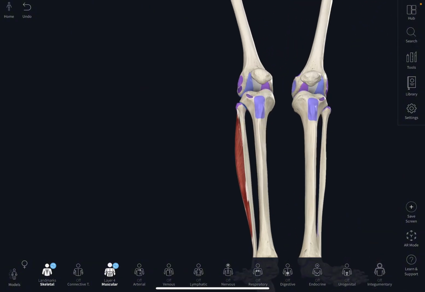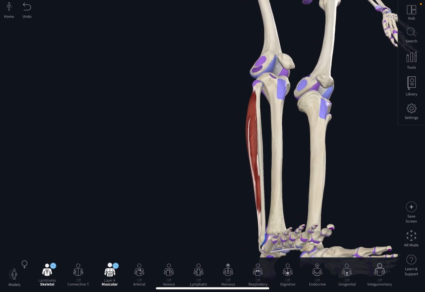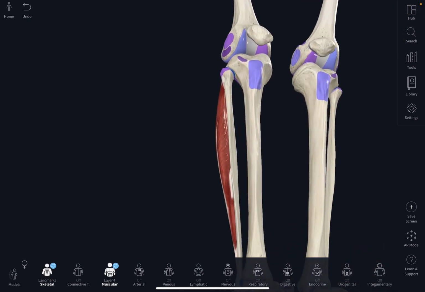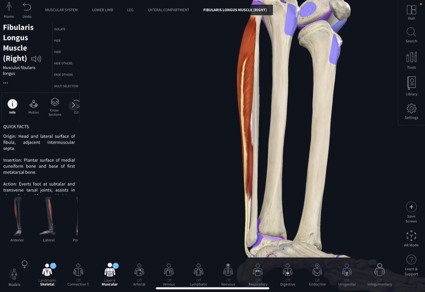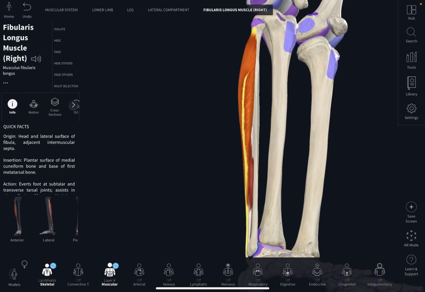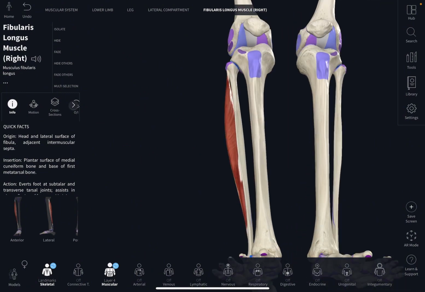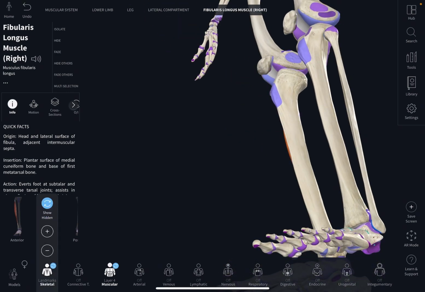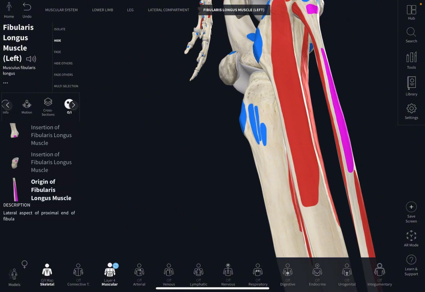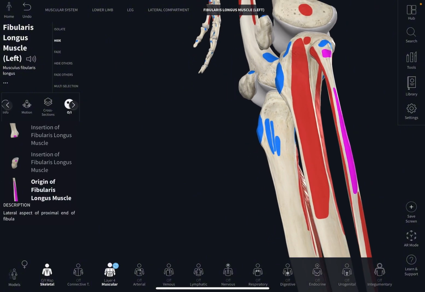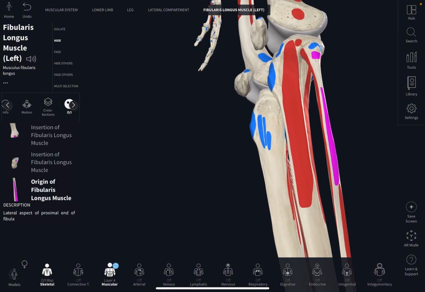So we're going to first start off with fibularis longus. So guess which muscle is that one? Correct, it's that long muscle. And it is going to originate from the head and the superior two-thirds of the lateral fibula. So right here, this is going to be the origin site for fibularis longus.